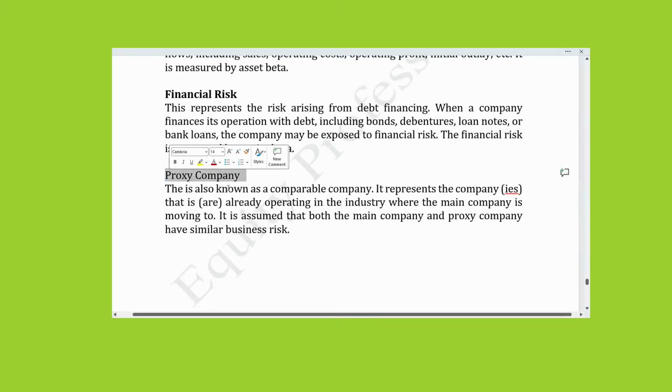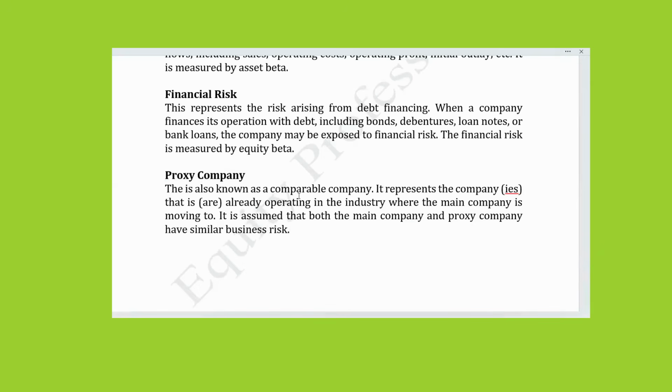So what we are saying here is that when a company is diversifying into a new industry, all right, of course, the company will be new in that particular industry. So you need to get the beta of the existing company already operating in the new industry you are moving to. So it is that beta of the company that are already operating there that you are going to use to determine the business risk associated with that particular industry.